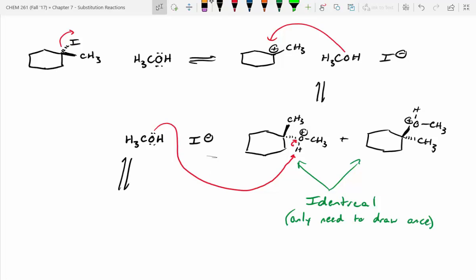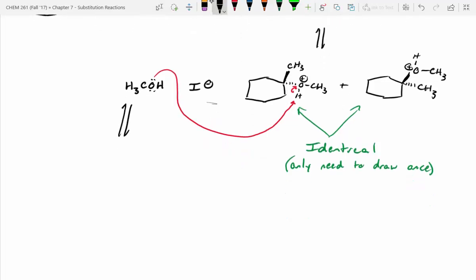And I'm going to show our equilibrium arrows. And now we would have our methyl group sticking up. It doesn't really matter if you draw it with dashes or wedges at this point because it doesn't have a stereocenter. We have our protonated methanol, and we have our iodide as a negative charge.